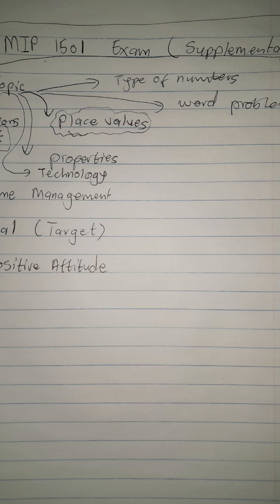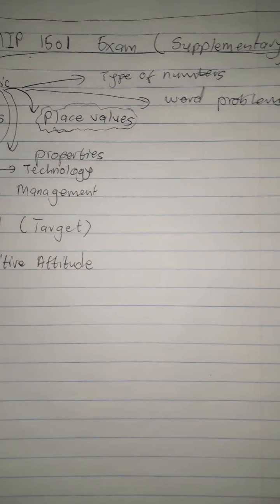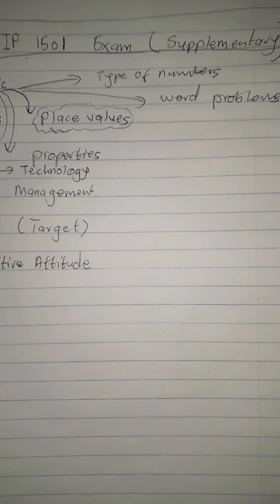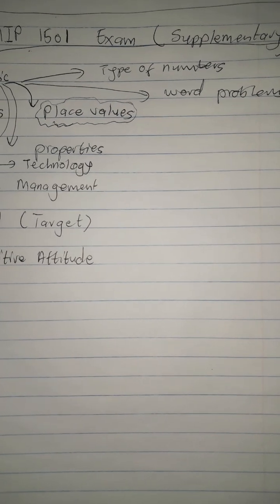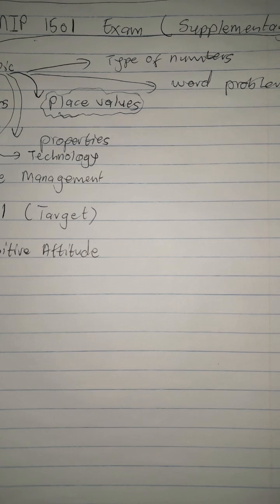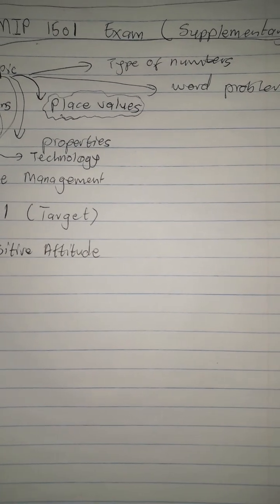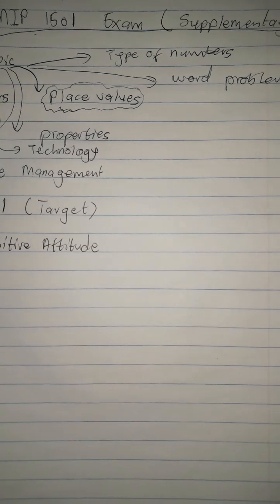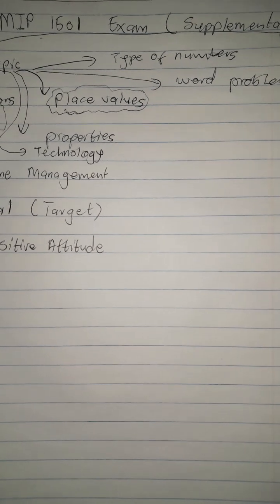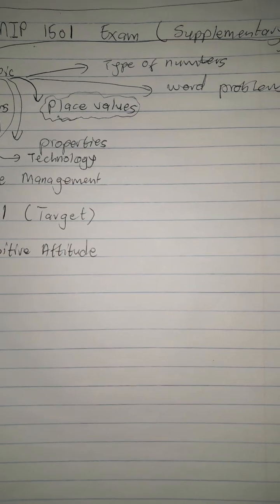Then another topic that they can ask you about is the types of numbers. We all know that they will ask you about cardinal numbers and nominal numbers. You need to study those, the types of numbers, guys. We also know that there are irrational numbers, rational numbers, whole numbers, natural numbers, odd numbers, composite numbers, right?